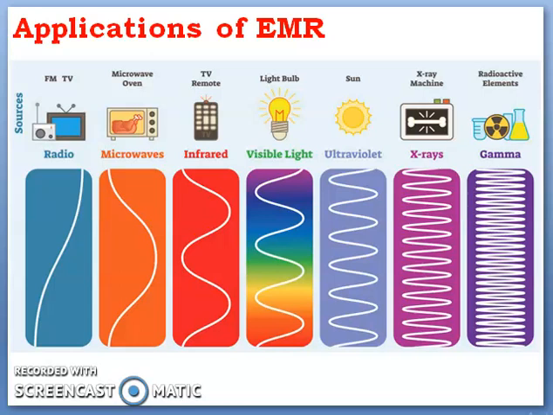TV remotes and AC remotes, where infrared radiations are used. The light bulbs and tube lights in our homes are in the visible region, whereas the sun produces ultraviolet radiation.